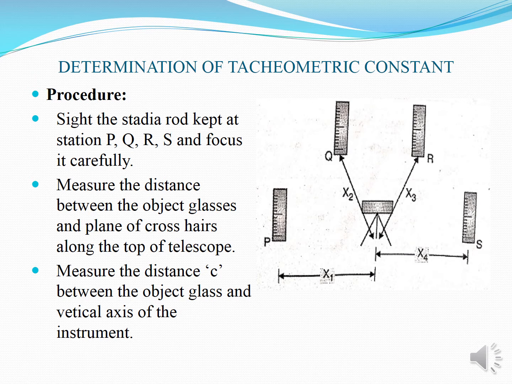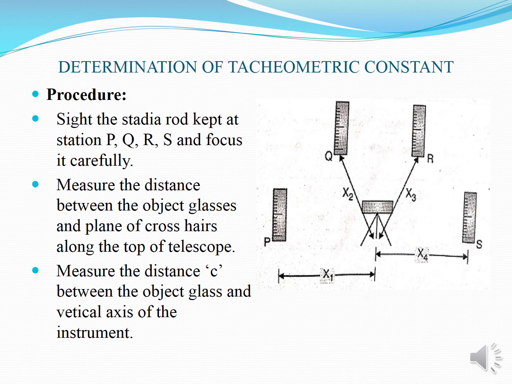There are two constants of a tachometer. First is the multiplying constant and second is the additive constant. In the last lecture we discussed the different cases of the fixed hair system.